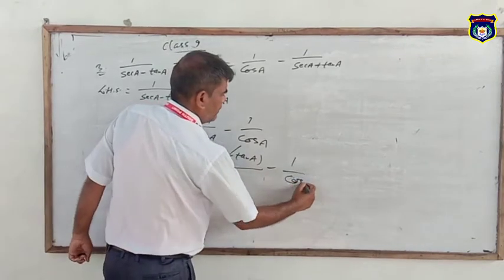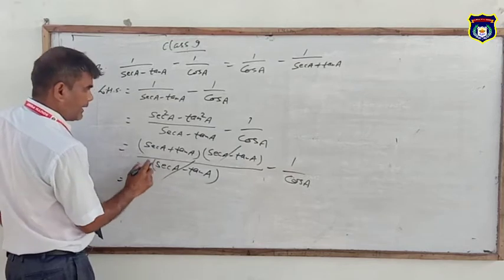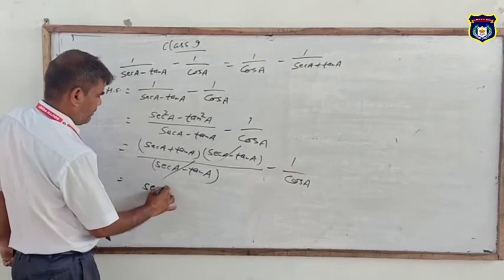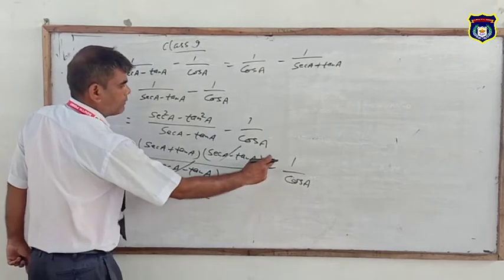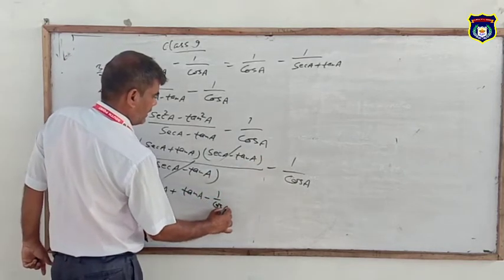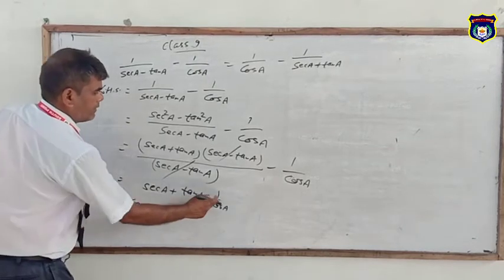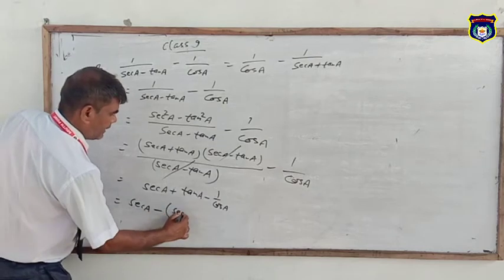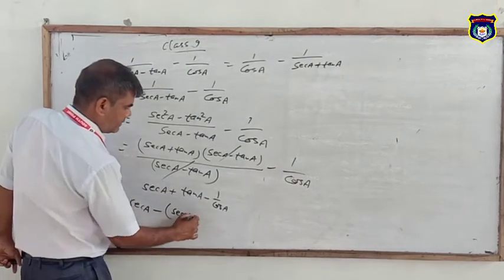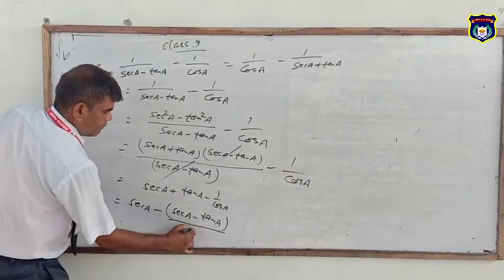So sec A plus tan A minus 1 by cos A, and this is sec A, and 1 by cos A is sec A. If minus is common, then this is minus sec A minus tan A by 1.